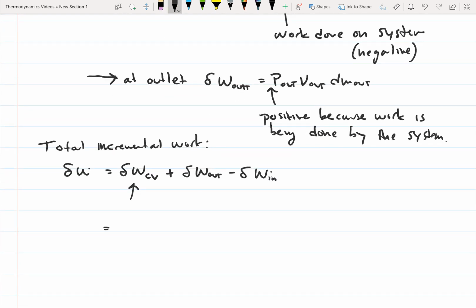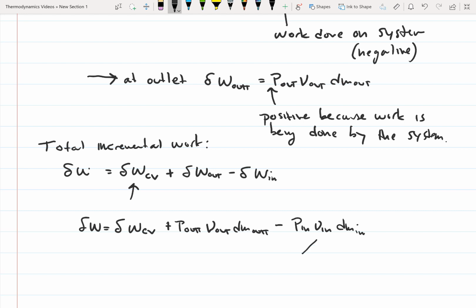So basically this is equal to δW_other. So this is the work: the other work plus P out specific volume dm out minus P in specific volume in dm in.